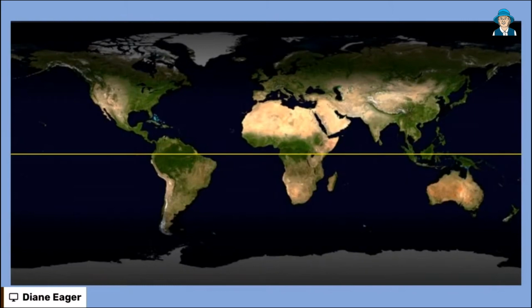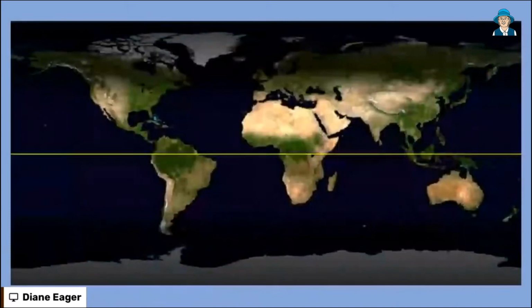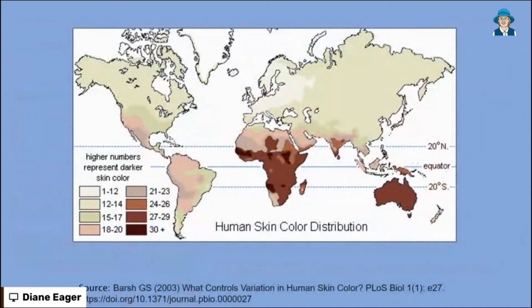But back in the earlier part of the 20th century, there was a study of different skin colors of what are called indigenous peoples or native peoples, which is probably a term that's out of fashion at the moment. In that study, scientists looked at the darkness and lightness of different skin colors. Now, going back to our map, does our map match with the distribution of skin colors?